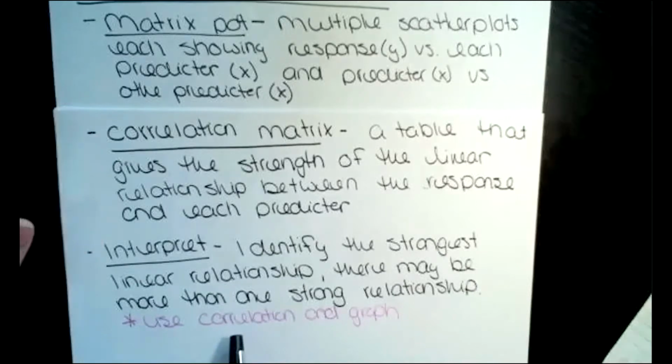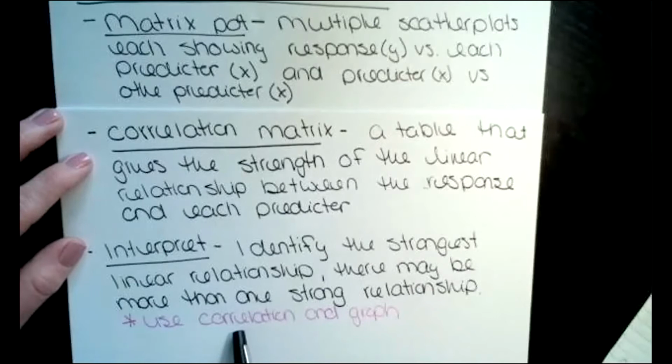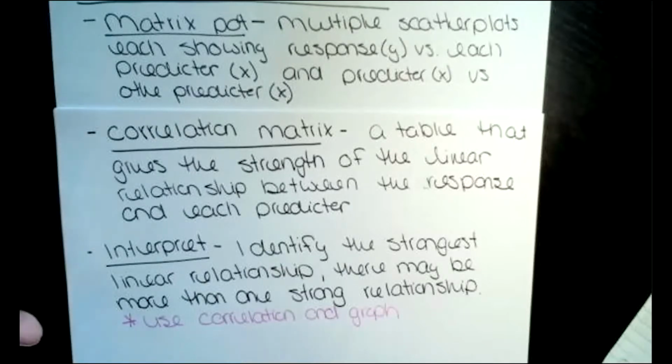But I want you to know you may see a strong relationship between 2 X's. So 2 predictor variables. And that's called multicollinearity. Okay. And it's just saying that one predictor can be linearly predicted from the other predictor variable.